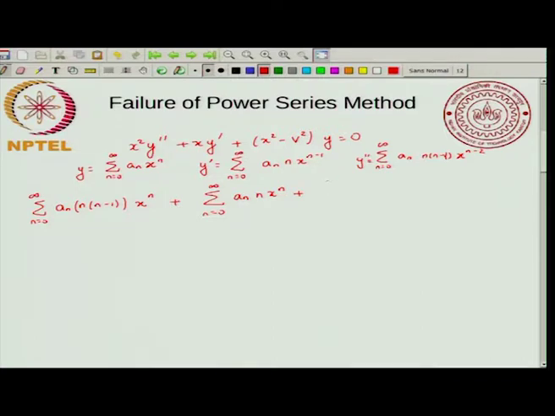The first term will be sum over n equal to 0 to infinity a_n x raised to n plus 2, and then minus v square sum over n equal to 0 to infinity a_n x raised to n, is equal to 0.